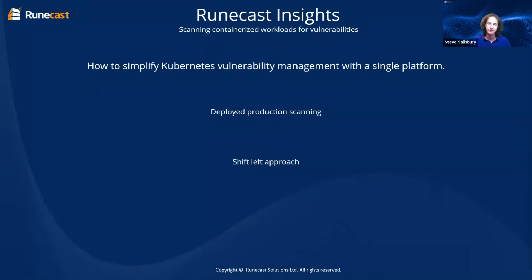And the other is, can I not put out my container images already secured, so that when I make them live and they're in production, I don't have to worry about that? I just have to check against the latest vulnerabilities. This is the shift left approach, which is going to help make sure that everything we deploy live is secure.